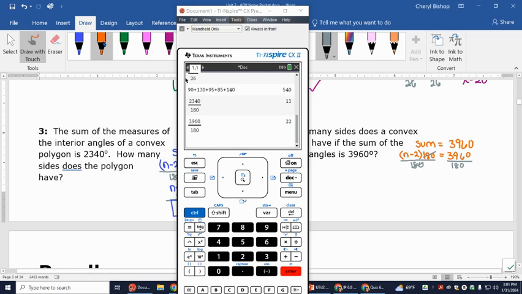So n minus 2, we don't need the parentheses anymore, equals 22. Okay, that is not my answer because I still have n minus 2. I want to know what n is. So I'm going to add 2 to both sides.